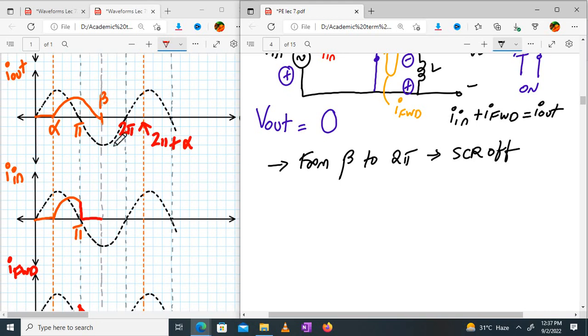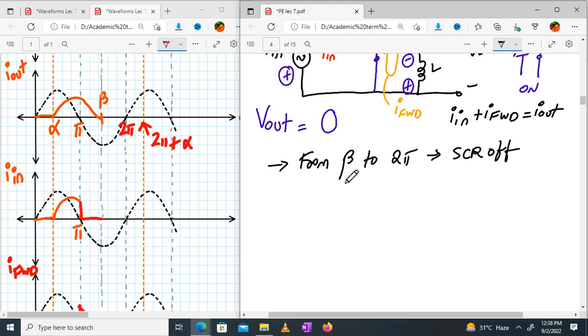What about my freewheeling diode? Will it be on or off? कैसे ऑन रहेगा? नेगेटिव हाफ साइकिल. इंडक्टर वोल्टेज. So what will happen?